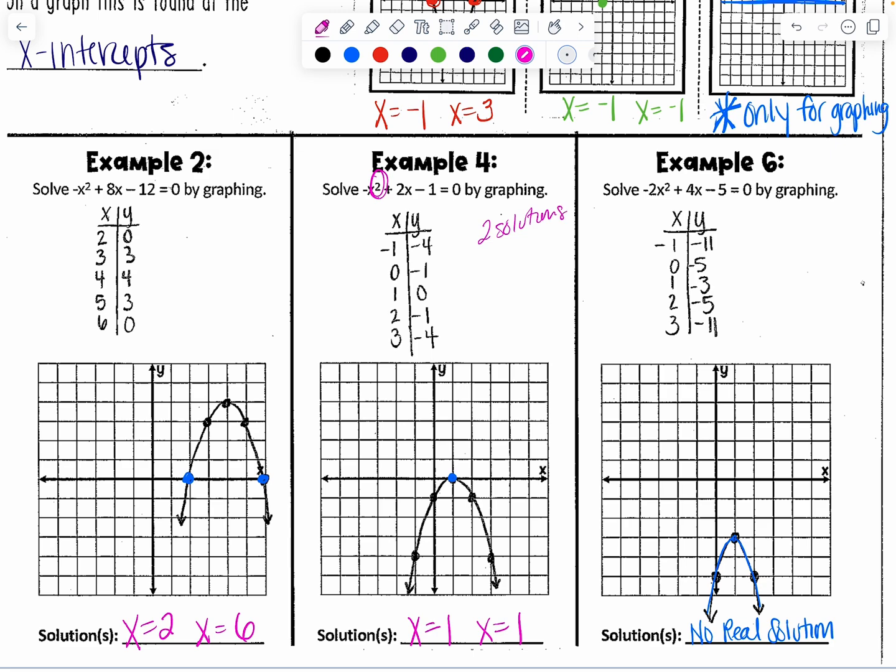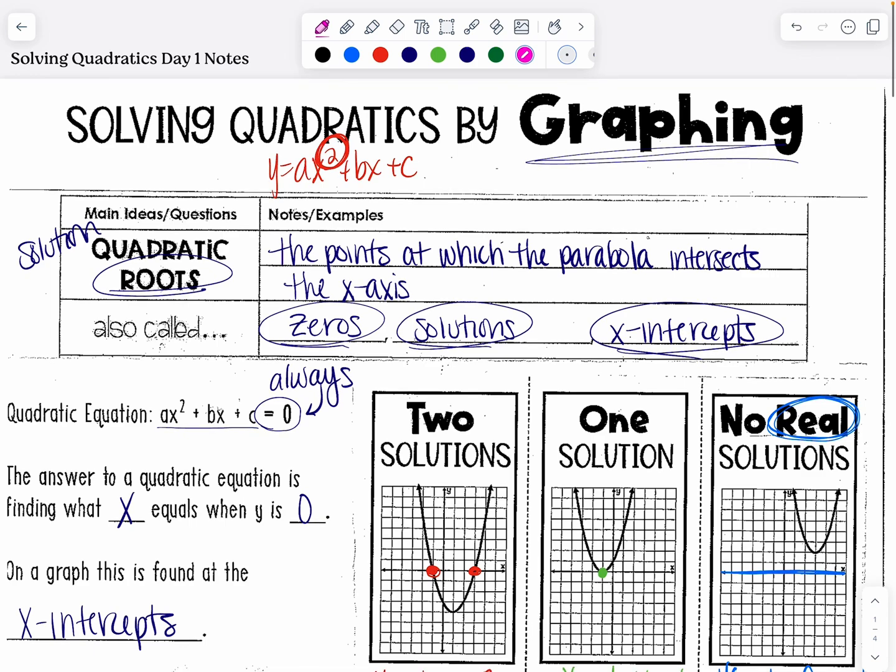Now on the no real solutions, again, when we do the imaginary number system, you will actually find that we have 2 solutions. So again, for the double root, I want you to go ahead and write it out twice. All right, so that's solving quadratics by graphing. We are not going to do a ton of this. Basically, I want you to be able to see it on the graph.